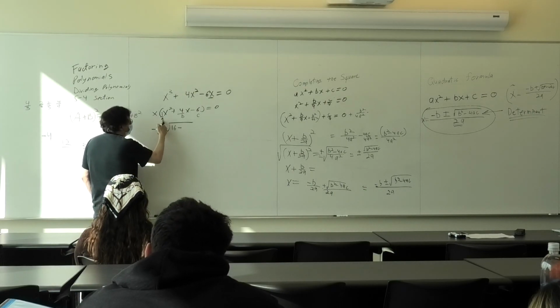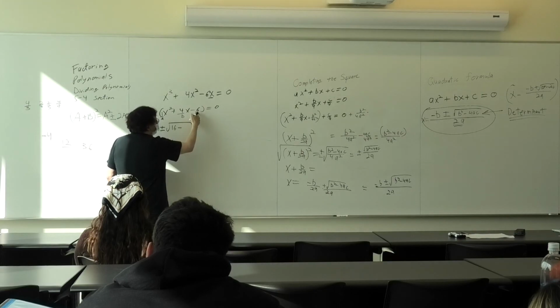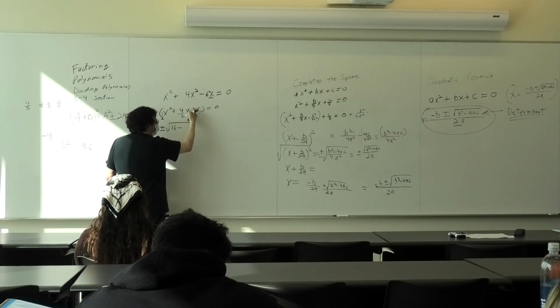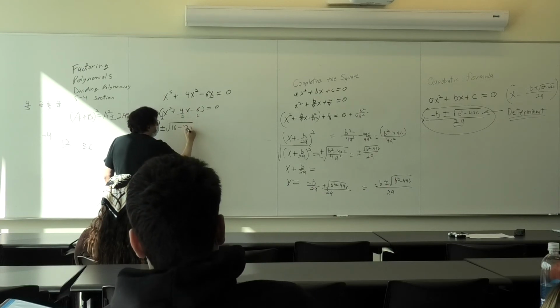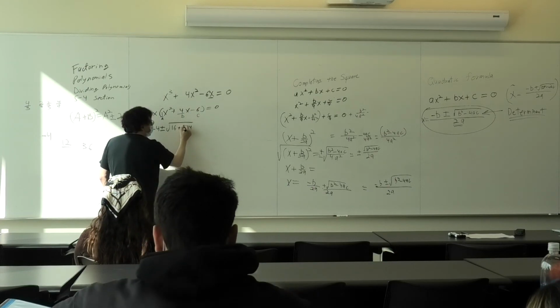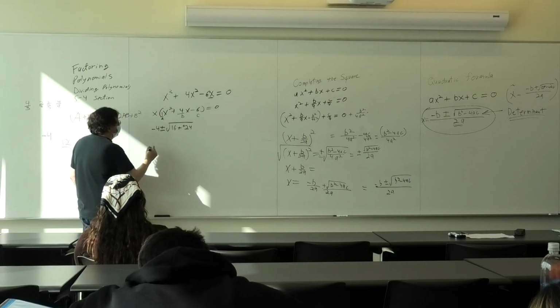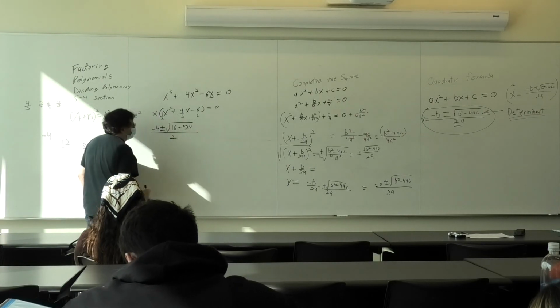Well, you can forget about the a, it's just 1. 4 times 6 is 24, but it's a minus. So minus 24, which means I can just make it an add, all over 2.